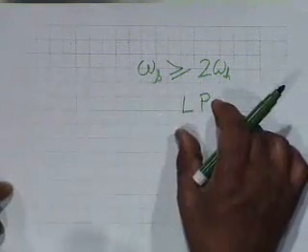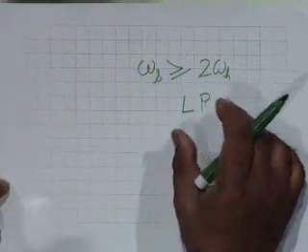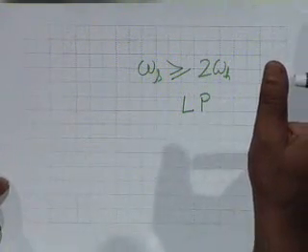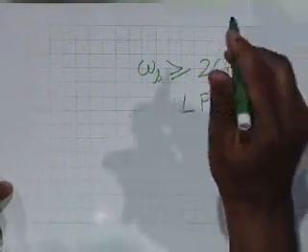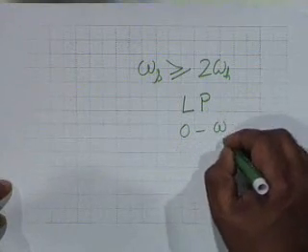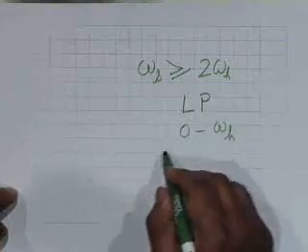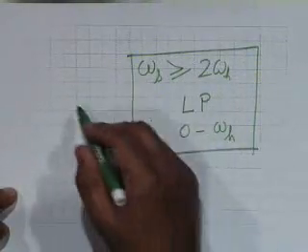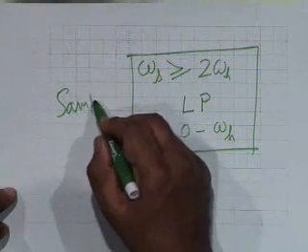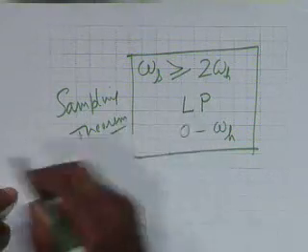A low pass signal is one whose spectrum lies between DC and a higher frequency, which is finite, 0 to omega h. A low pass signal is one whose energy is concentrated in the band 0 to omega h. It is only for low pass signals that we state the conventional sampling theorem.